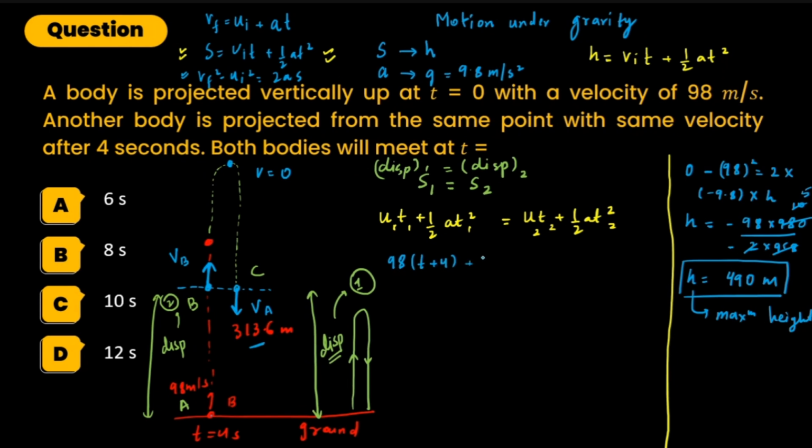It is equal to half, acceleration is again 9.8, again in case of T, we'll write T plus 4 whole square. It is equal to U2T. So U2 is again 98. Time is now going to be T seconds because this is the time for which the second particle has moved, plus half 9.8 into T square.